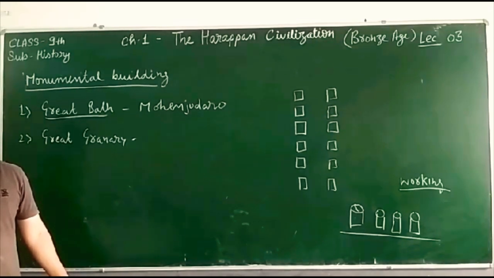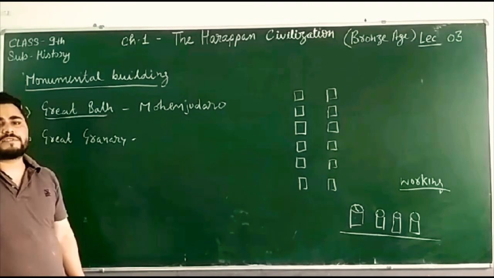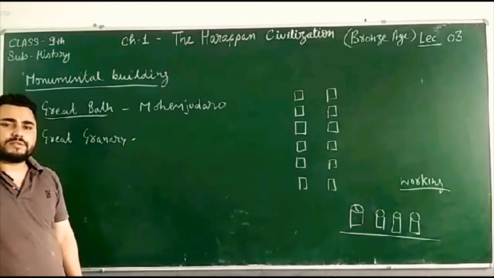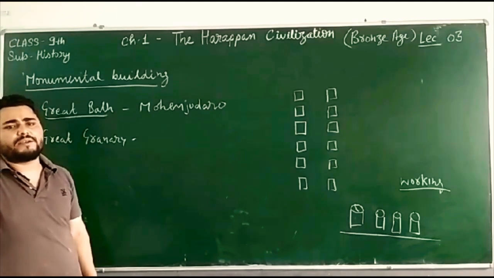Then we have studied about the urban planning. In urban planning, we have studied how the city was based on a grid pattern, a network of roads or streets that used to cut each other and make a network, right, which divided the entire city into rectangular or square blocks, right?